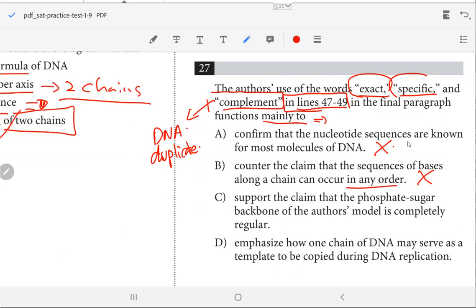C. Support the claim that phosphate sugar backbone. 이거 상관없는데 지금. 그죠? Backbone of the author model is completely regular. 이 얘기가 아니죠. 그죠? 그러니까 이렇게 돼서 complement to each other 돼서 최종적으로 DNA를 duplicate 하는 최종 결과에 영향력을 만들어 주는 거다라는 얘기죠.